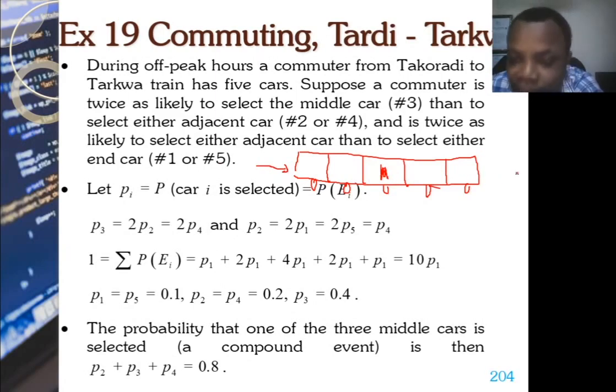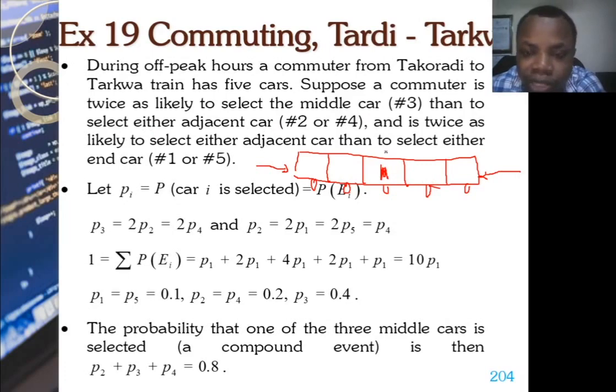In that same case, if an accident should occur from behind the train, being in the middle, you are a little bit safer. So any commuter who is security conscious is twice as likely to select this middle car than to select either of the adjacent cars, that is car 2 or car 4.